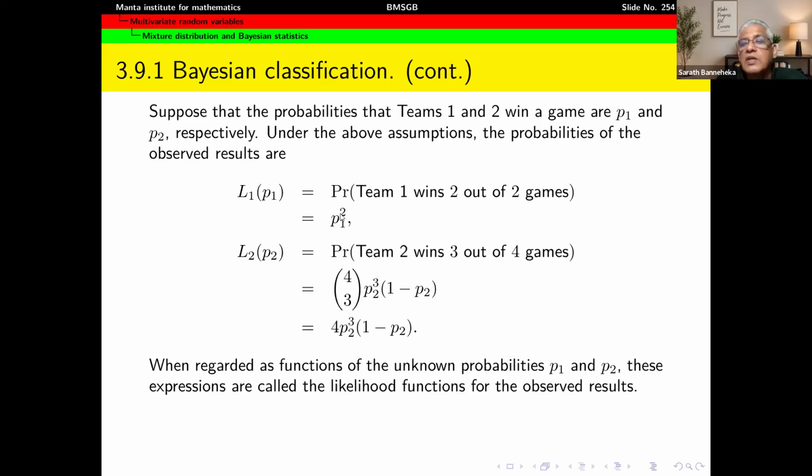So what we are looking at is the probability of such a thing happening, but we are considering it as a function of P1 and P2.